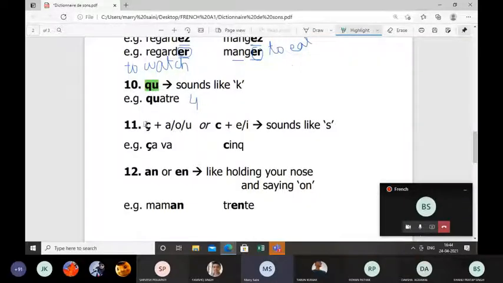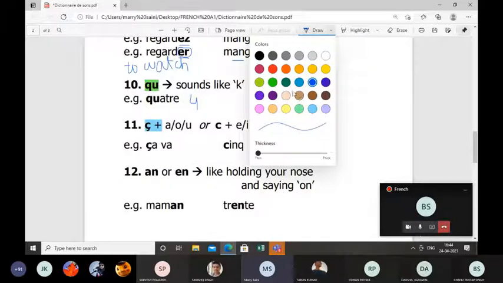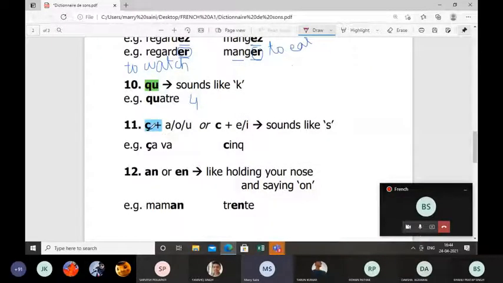The next sound that we have here is with this C. Similarly, as we have discussed before, you can see under C also there is an accent, and the name of this accent is Cédille. We use this accent with C if C is followed by A, O and U. The sound that we have is K, but somehow we need the S sound.